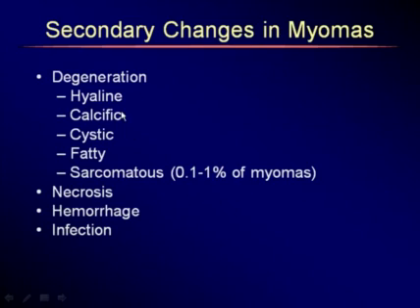So that's degeneration. They can necrose, outgrow their blood supply. They can have internal hemorrhage. They can become superinfected. So take the standard myoma and superimpose these changes.